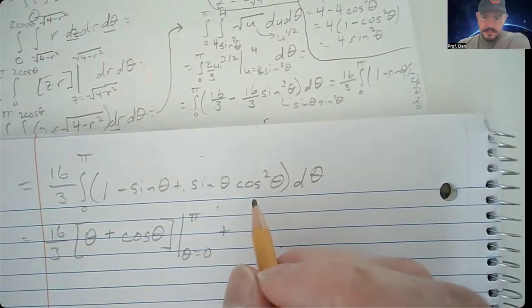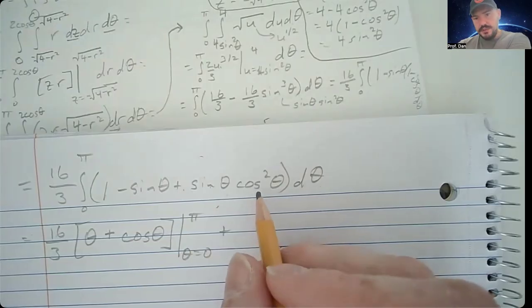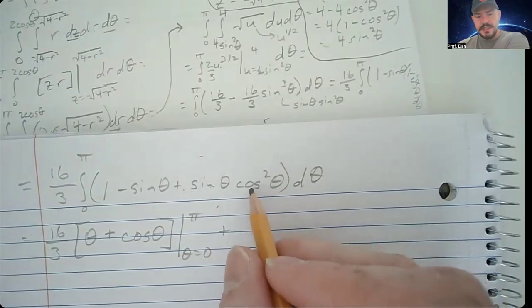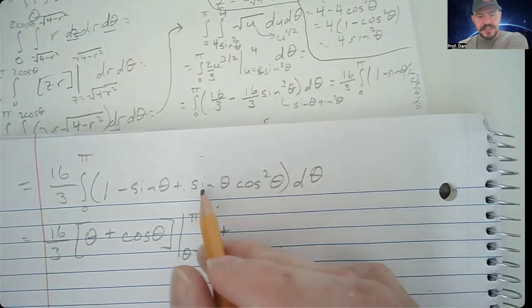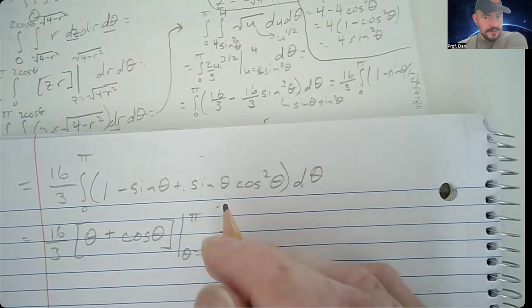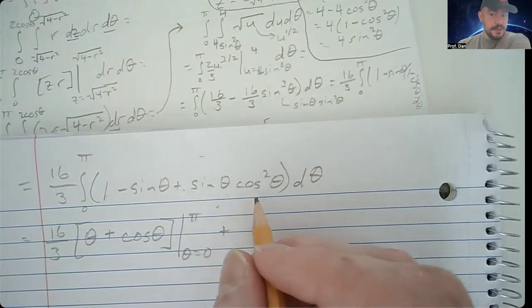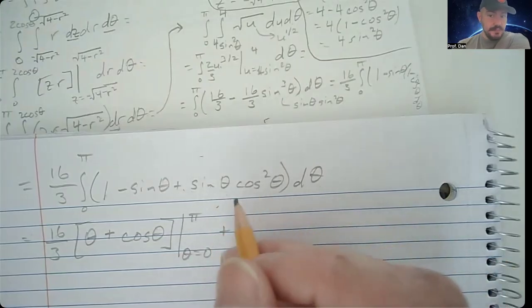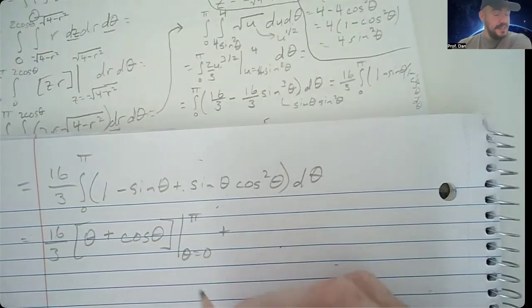One thing you might notice is that cosine theta and sine theta make a derivative pair, right? Sine theta looks an awful lot like the derivative of cosine theta. It's off by a multiplying constant, but that's okay.